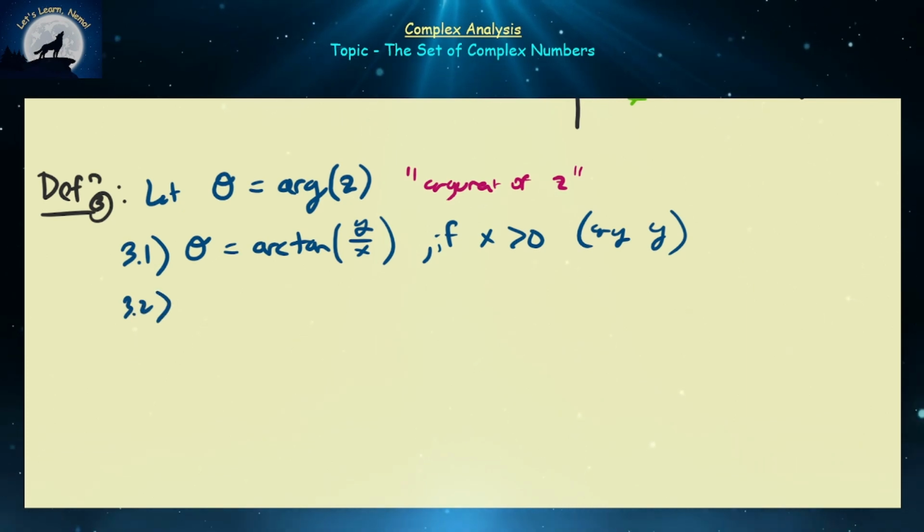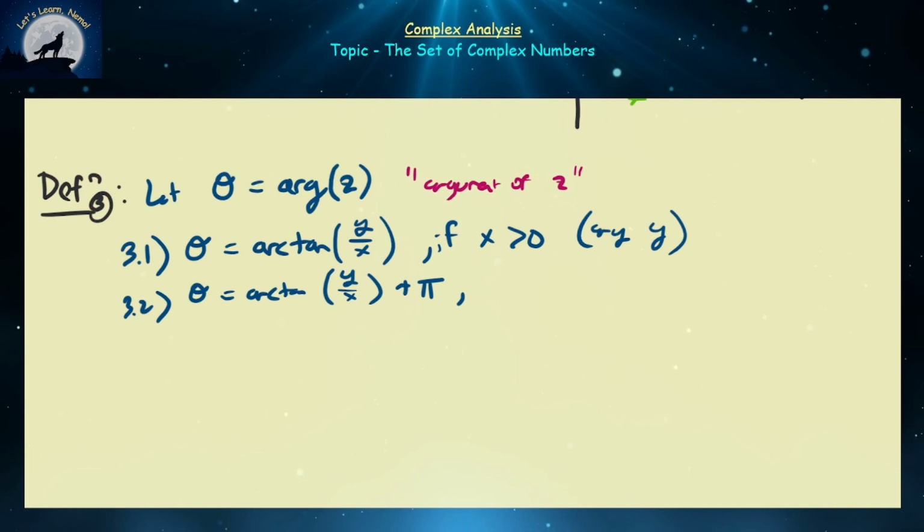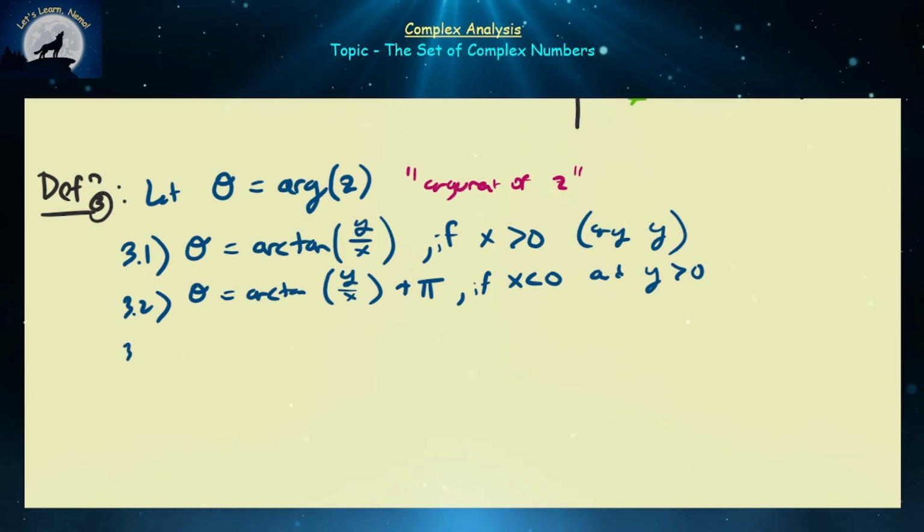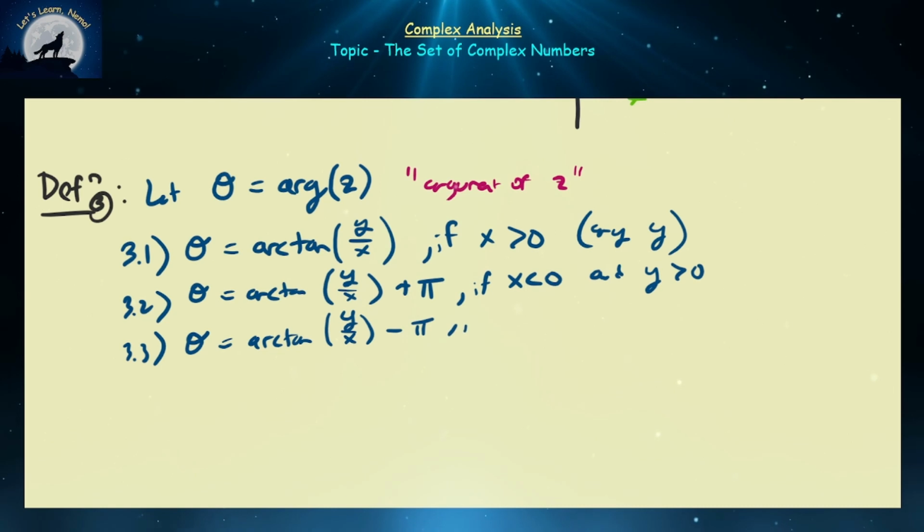The second variation will be theta is equal to the arctangent of y over x, and we're also going to add pi to this if x is negative and y is positive. Now the next one, you might want to pause the video and take a guess of what this is going to be. So theta will be equal to the arctangent of y over x minus pi if x is less than 0 and y is less than 0.